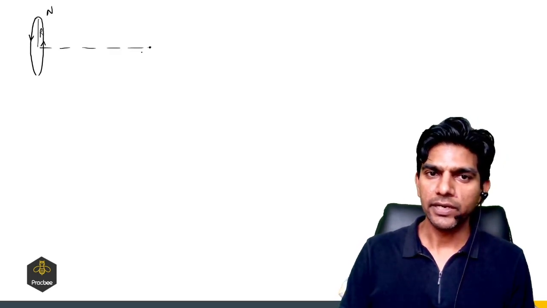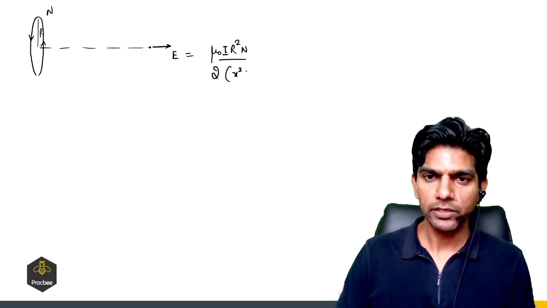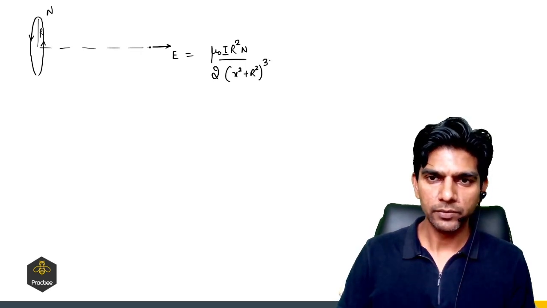If I have a current carrying coil which is having n turns and this radius is r, then we have derived the field at a point on the axis, and the field will be mu naught I r square n upon 2 times x square plus r square raised to power 3 by 2.